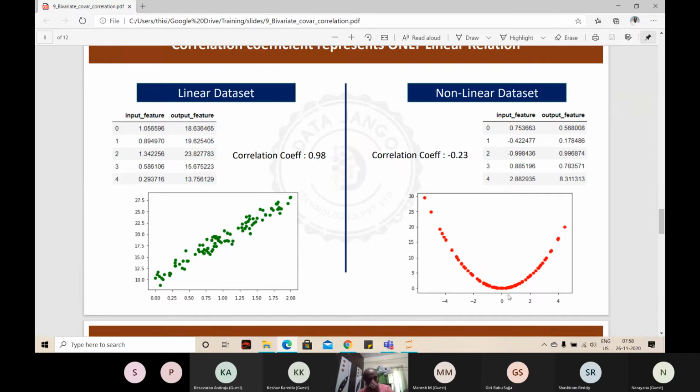After a certain amount of time, when one is increasing, the other is also increasing. Is there a relationship between these two columns, input and output? By looking at this graph, what can you say? Is there a relationship between this input feature and output feature?